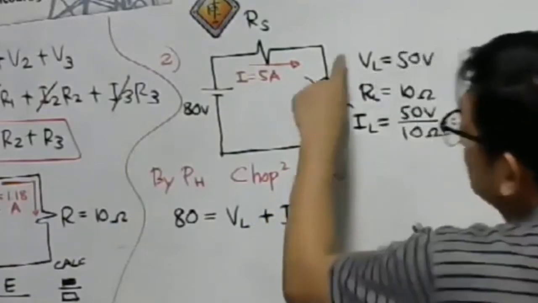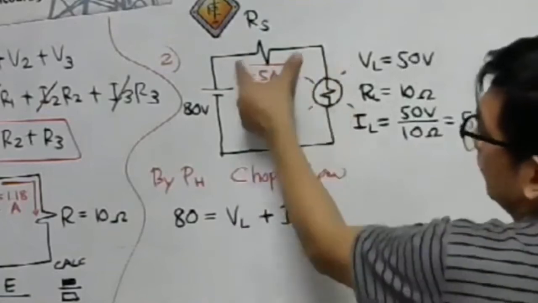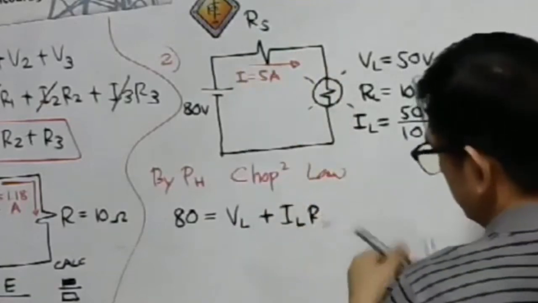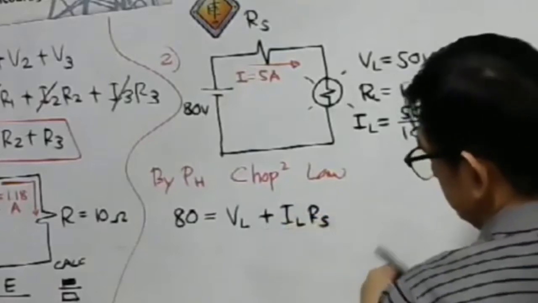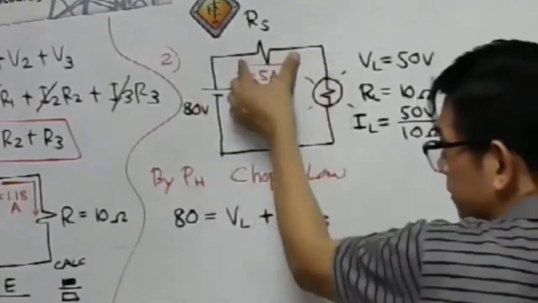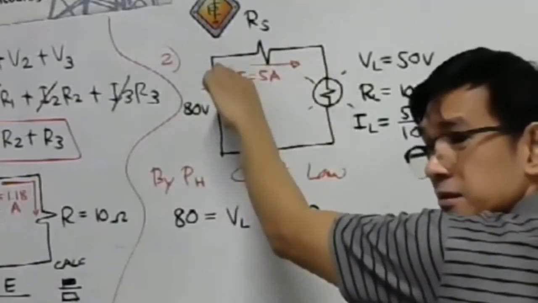That is why the voltage here, VL, plus the voltage here, ILRS, is equal to the voltage here.